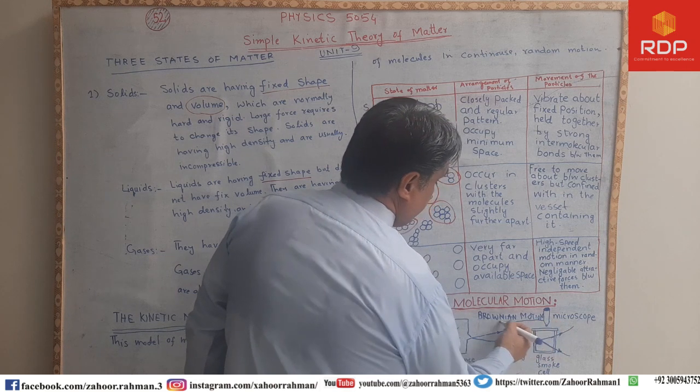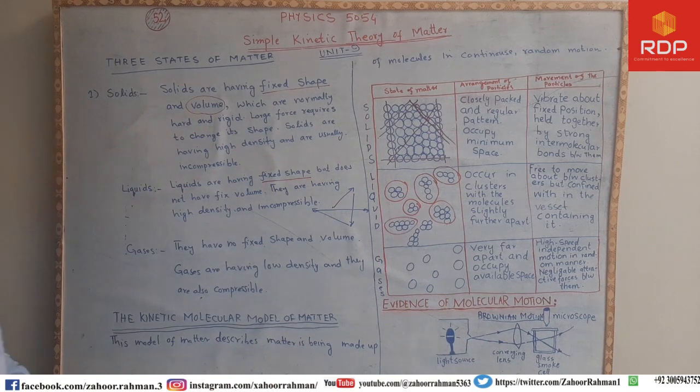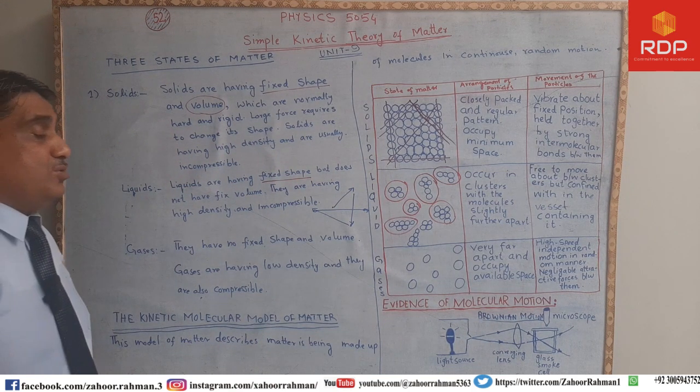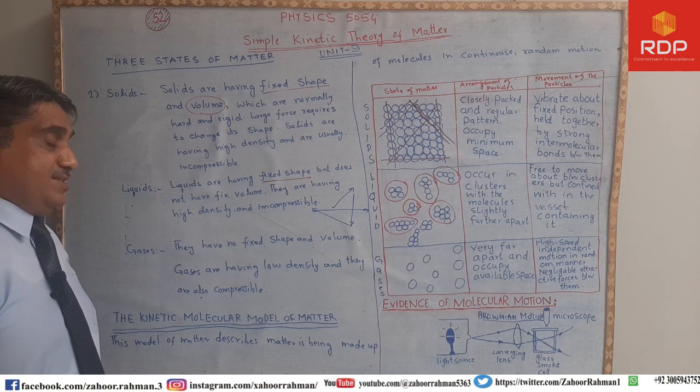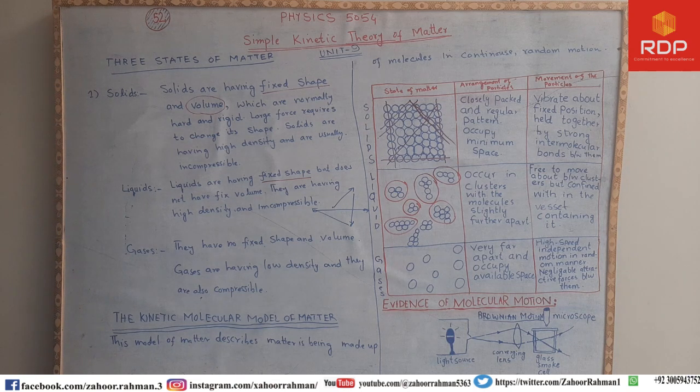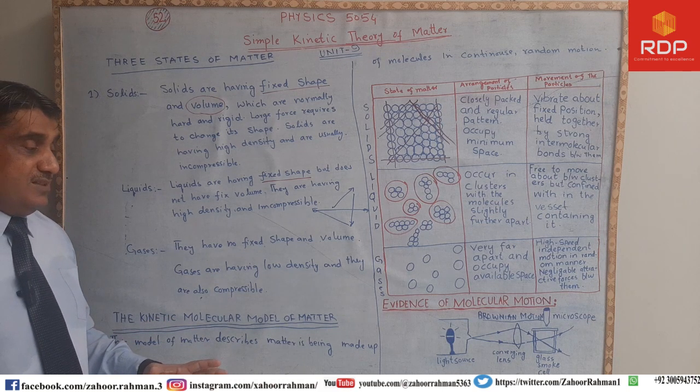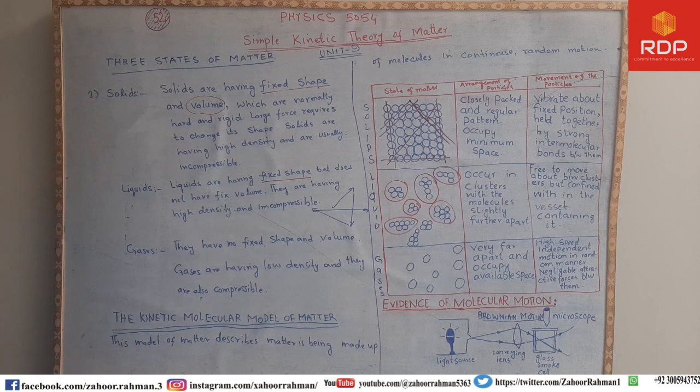What is Brownian motion? The haphazard or random motion of molecules in the matter is called Brownian motion. Now, how can we explain this on the basis of these kinetic model?